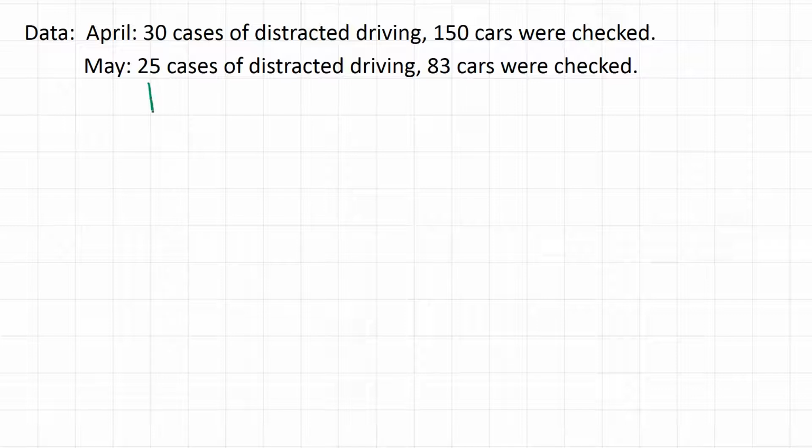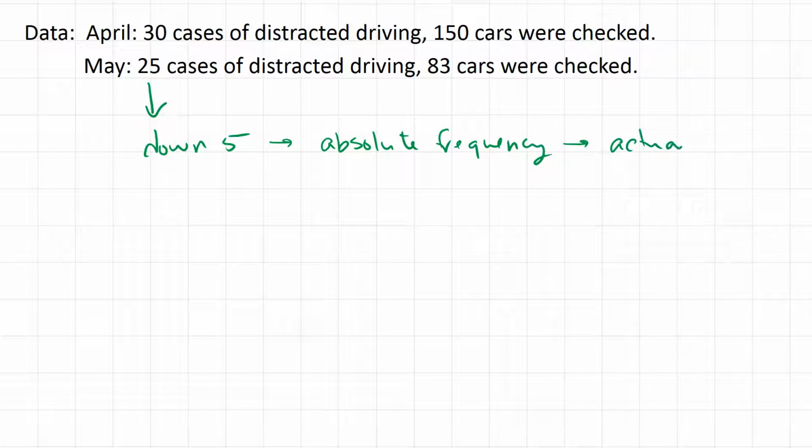So the first headline that says it was going down by 5 is right. It did go down by 5, and this is reported as an absolute frequency. So absolute frequency means you're using the actual numbers of what you're measuring.